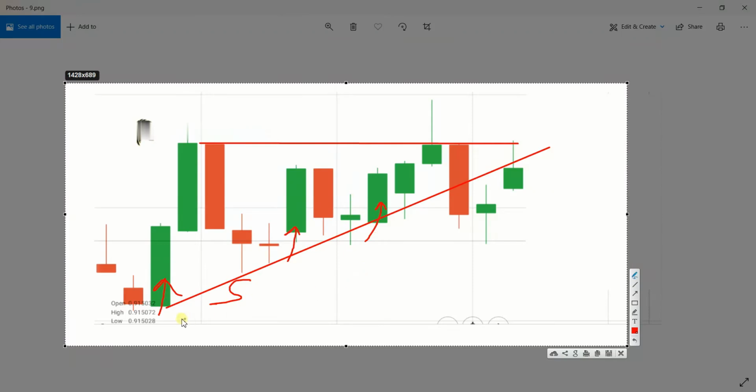But we don't know if the sellers entered from this level or not. So here you can see the market closed at the level with a strong rejection, but we don't know about this level, whether the sellers entered from it before or not.